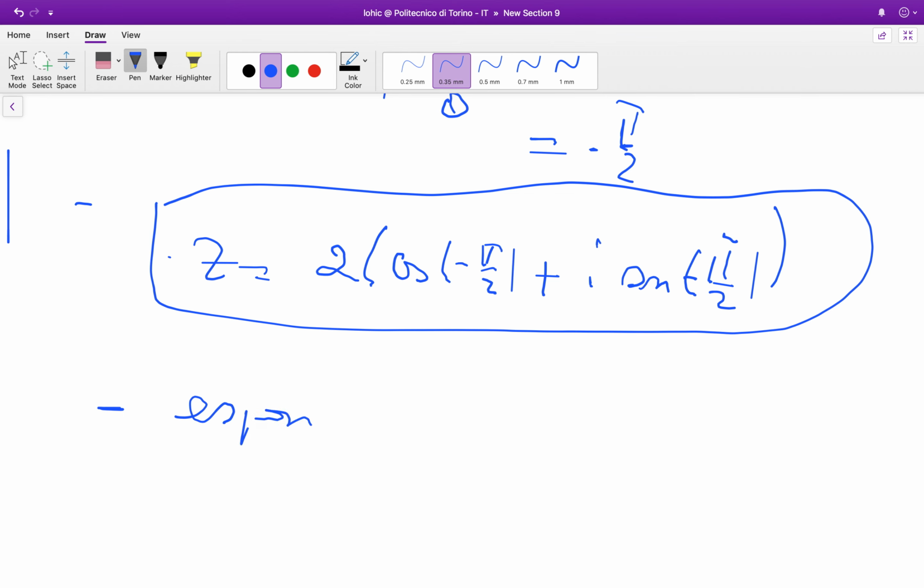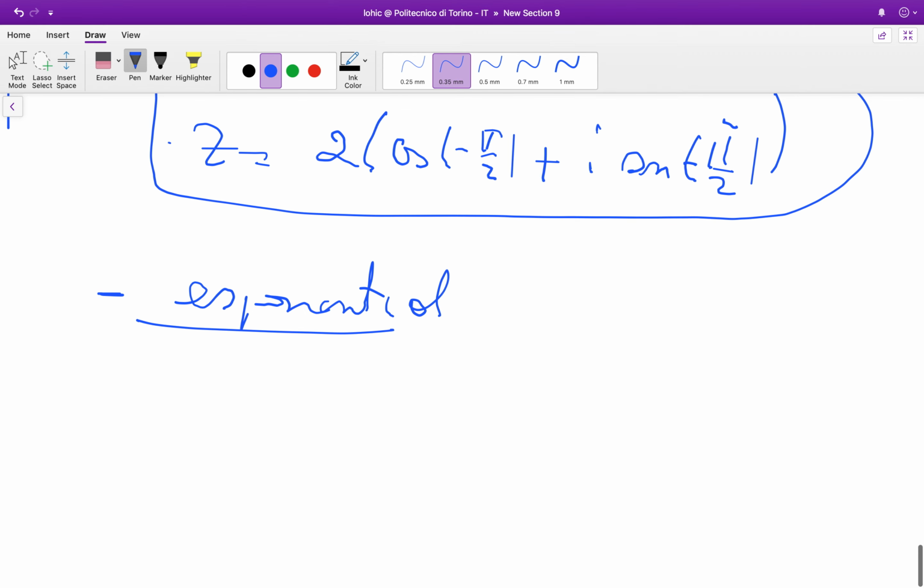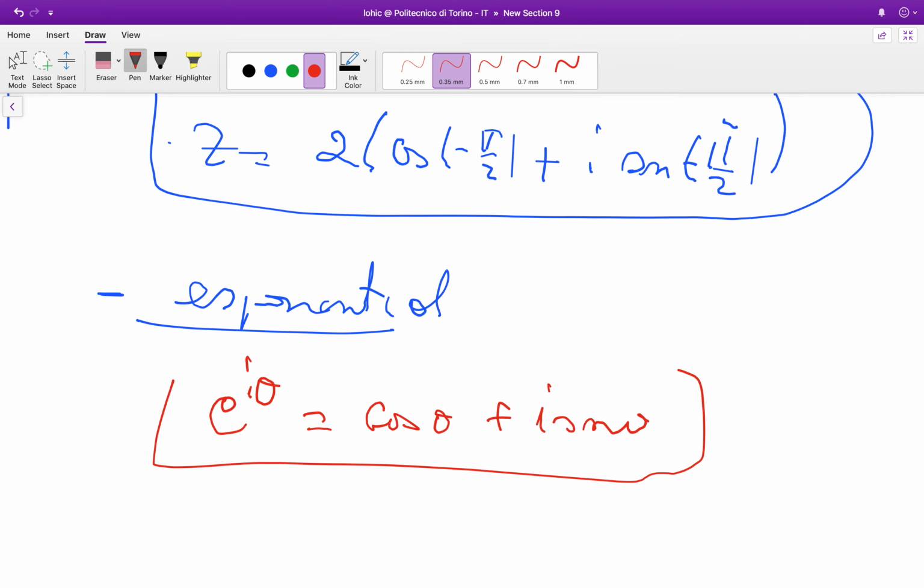Finally, we will write down the exponential form. The exponential form comes directly from the trigonometric form. Euler says, let's define exponential of i theta, where theta is an angle, to be always equal, by definition, to cosine of theta plus i sine of theta. This is a definition.